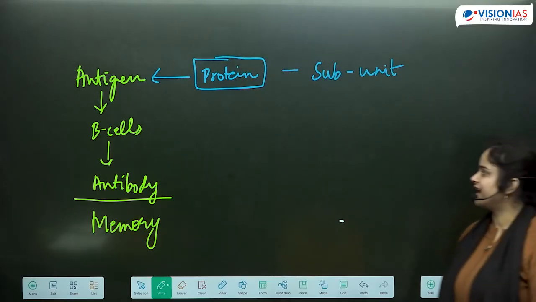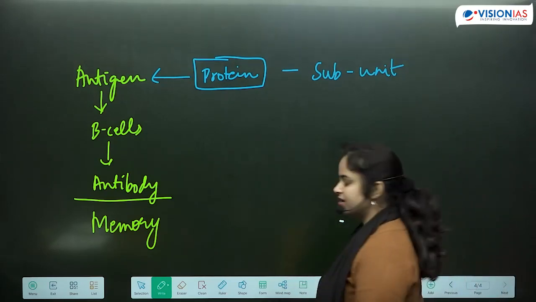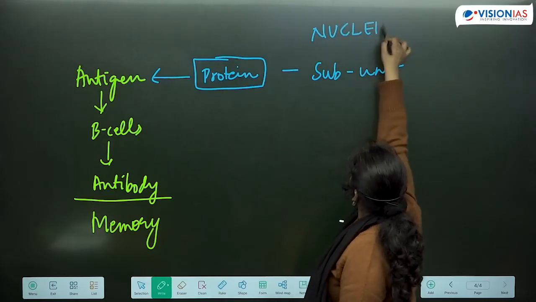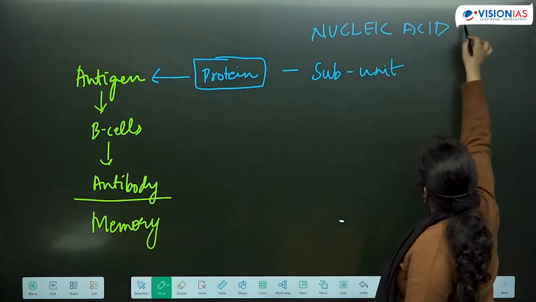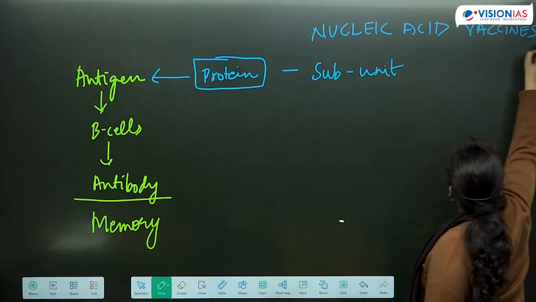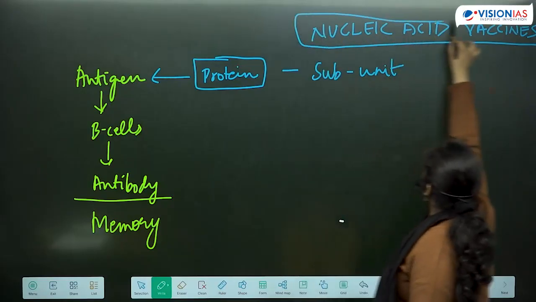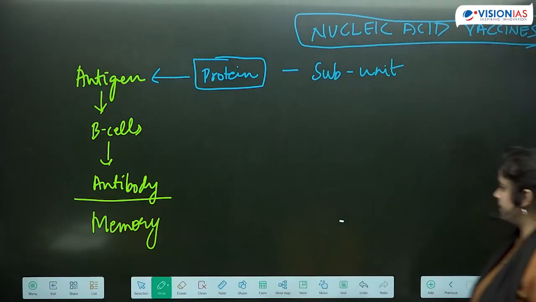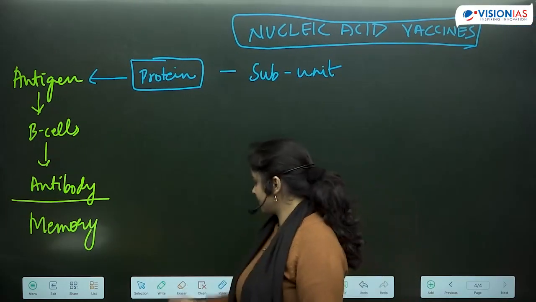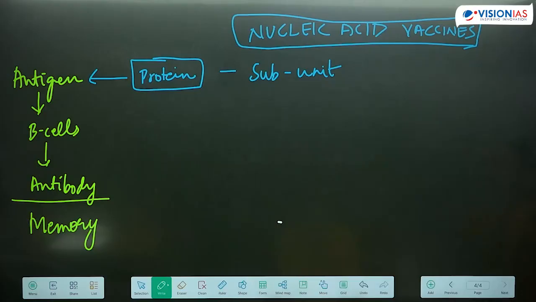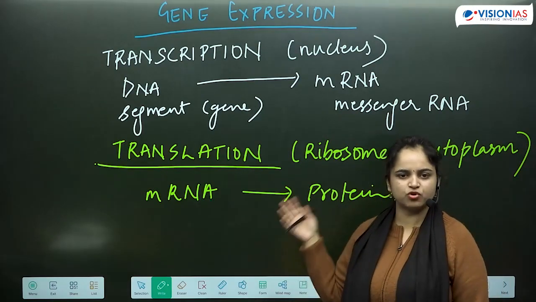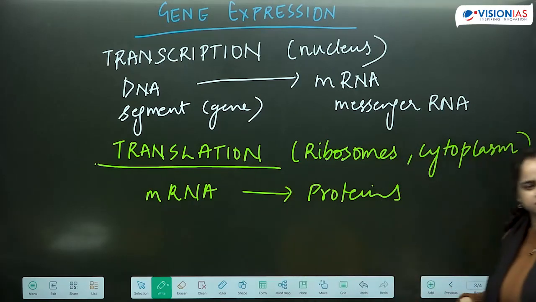Now, we are going to be making nucleic acid vaccines. Nucleic acid vaccines means that you are using either DNA or RNA to be delivered for making a vaccine. Basically, you are just using this process. We know there is a natural mechanism in which proteins are produced.